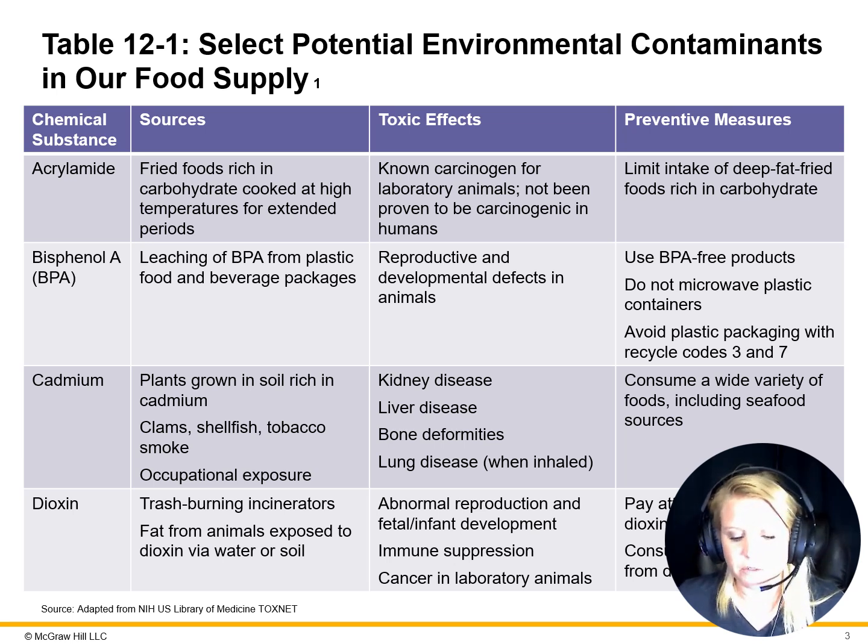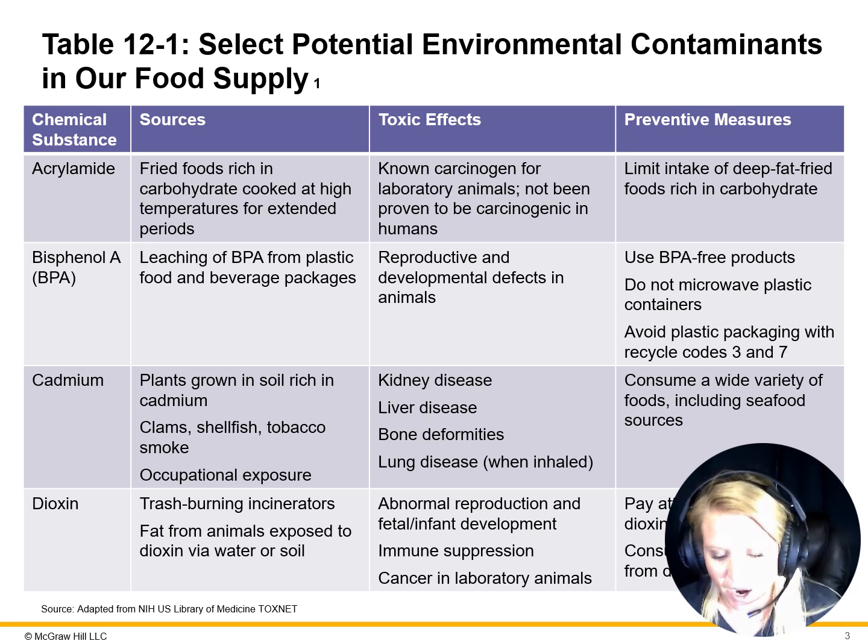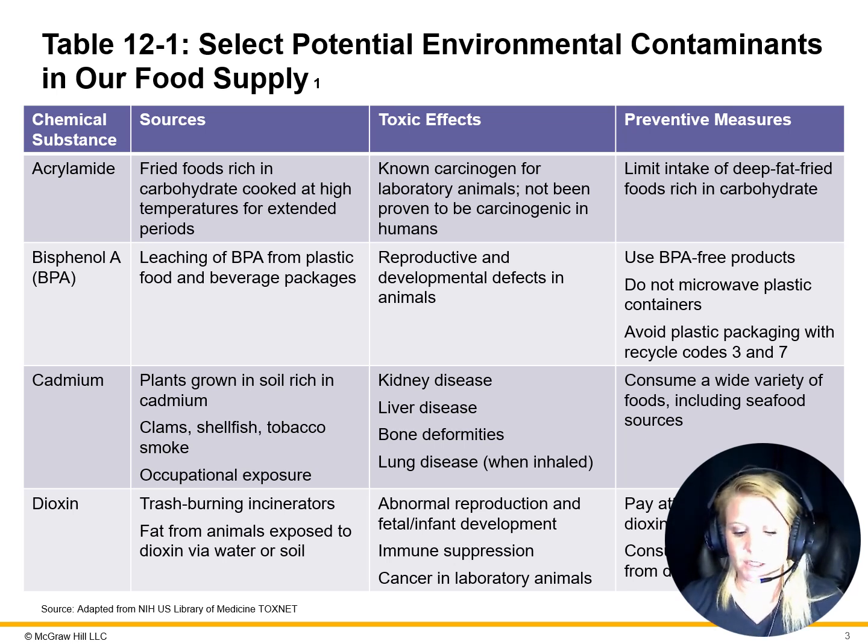Acrylamide is one of those that I will touch on real quickly. This is a type of chemical that is made mostly during frying foods. And it happens when that fat is at a very high temperature for a longer period of time. So deep frying is when this acrylamide really does accumulate more in these types of foods because it's made from that reaction.